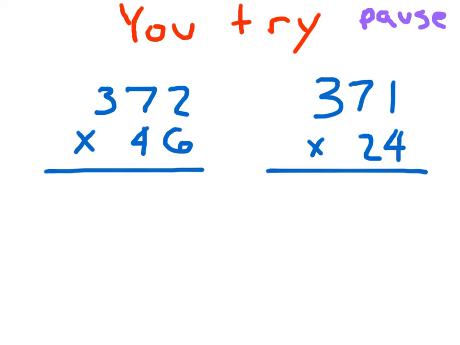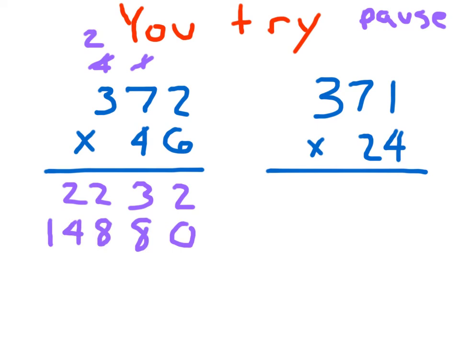Don't forget that magic 0. If you did already, you're going to have to do a little erasing, or you can go ahead and just start right on over. Did you complete that first step correctly for 372 times 6? Did you remember to place that magic 0 because you were dealing with that 4, which was worth 40?